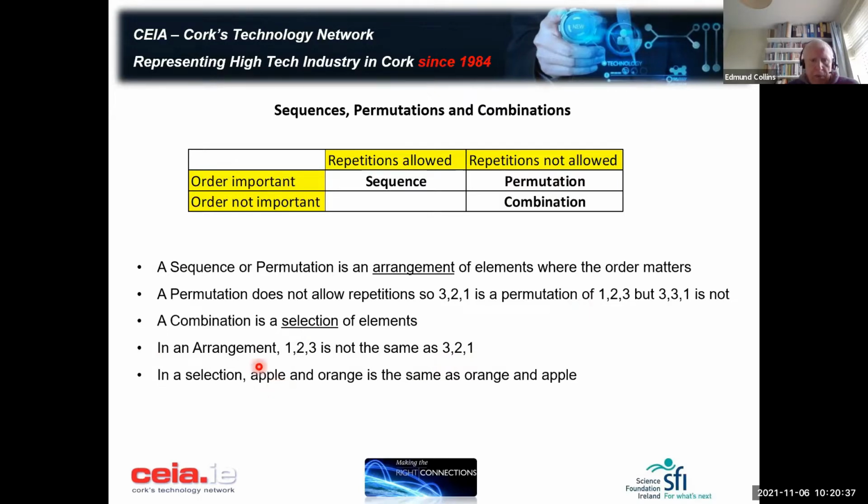But if you're looking at a countdown sequence or something, 1, 2, 3 is not the same as 3, 2, 1. So hopefully that helps in terms of the difference between the two. But as I say, combinations tend to come in a lot more than permutations or sequences.